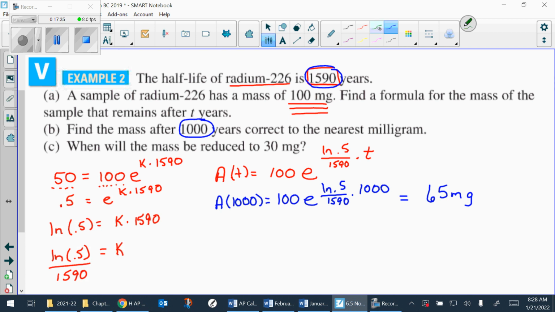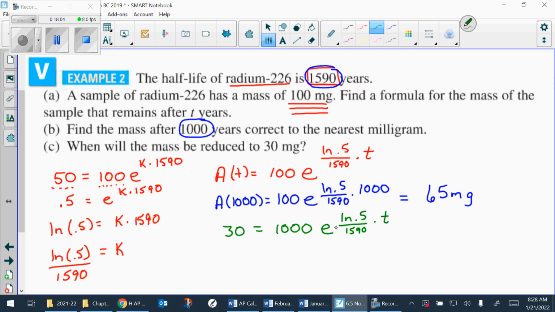Finally, when will the mass be reduced to 30? Well, okay, I'm going to do that in green. My future amount is 30. My initial amount is 100. Now this is more than cut in half. I should get an answer bigger than 1,590. 30 equals 100 e to the natural log of 0.5 over 1,590 times t.